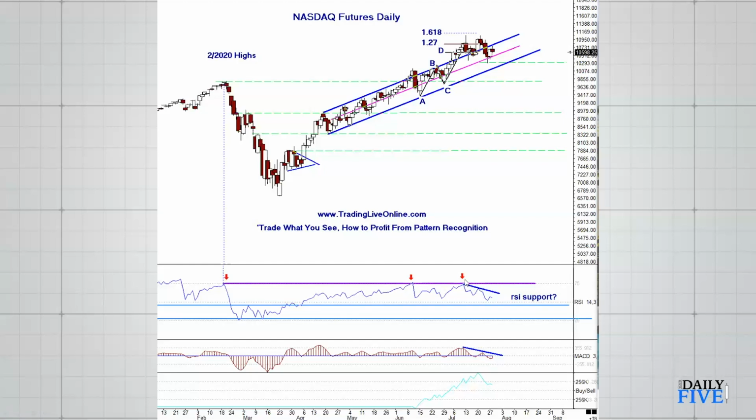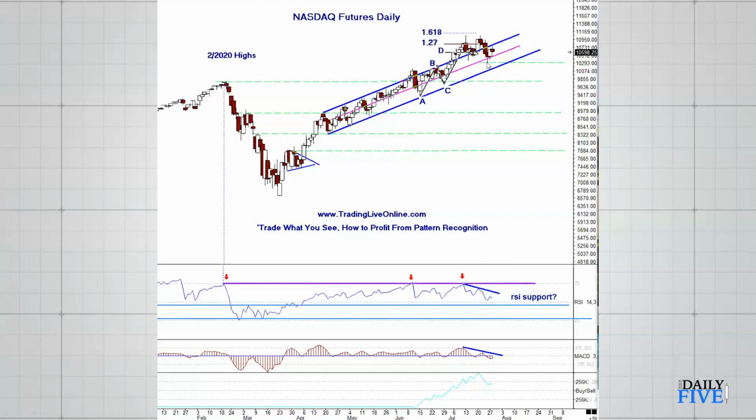We've started to see some downward slope now, which wasn't quite present on July 8th when I presented this pattern, and we're coming back down close to where a support is on the RSI. We've got this lower trend line right here.